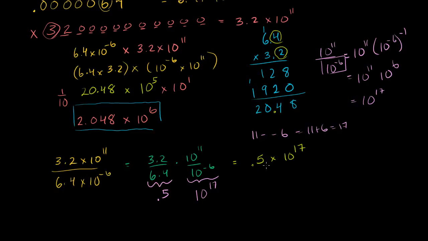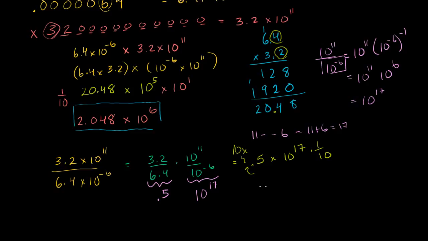But if you wanted to be a stickler and put it into scientific notation, we want something maybe greater than 1 right here. So the way we can do that, let's multiply by 10 on this side and divide by 10 on this side, or multiply by 1 over 10. Remember, we're not changing the number if you multiply by 10 and divide by 10. We're just doing it to different parts of the product.